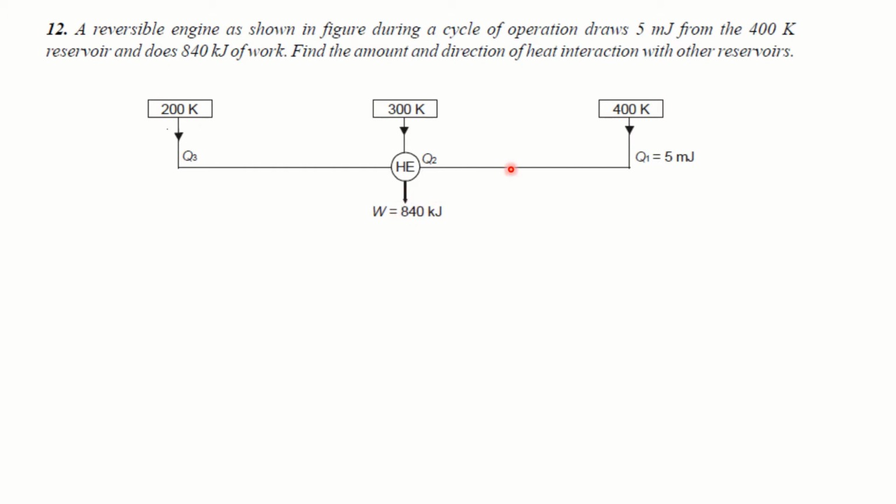Then it has to reject the heat. So we have to find the amount and direction of heat interaction with other reservoirs. Whether heat is rejected to this reservoir as well as this reservoir, or heat is also drawn from other reservoir, we have to find out.